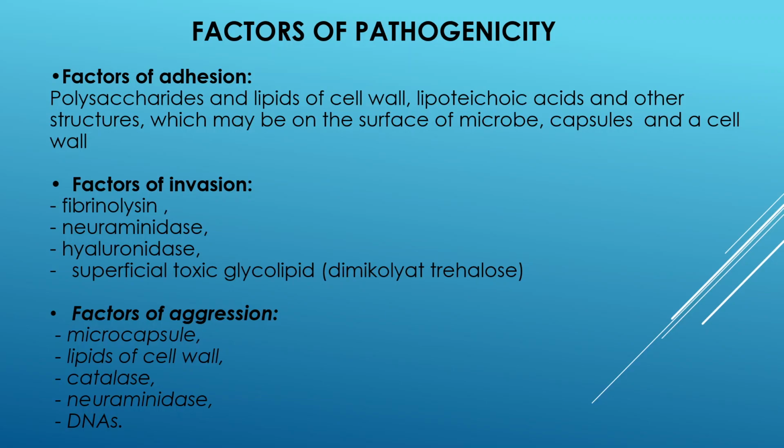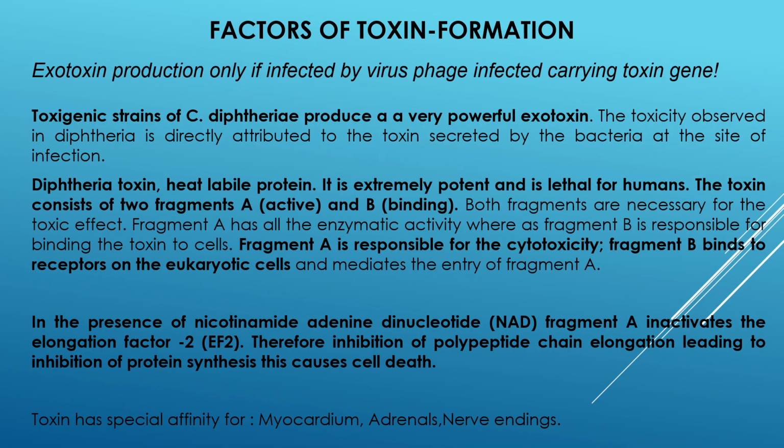Factors of invasion: fibrinolysin, neuraminidase, hyaluronidase, superficial toxic glycoprotein, dimethyl triglycerol. Factors of protection: microcapsule, lipids of the cell wall, catalase, neuraminidase, DNase. Factors of toxin formation: exotoxin is produced only by strains infected by a bacteriophage carrying the toxin gene.